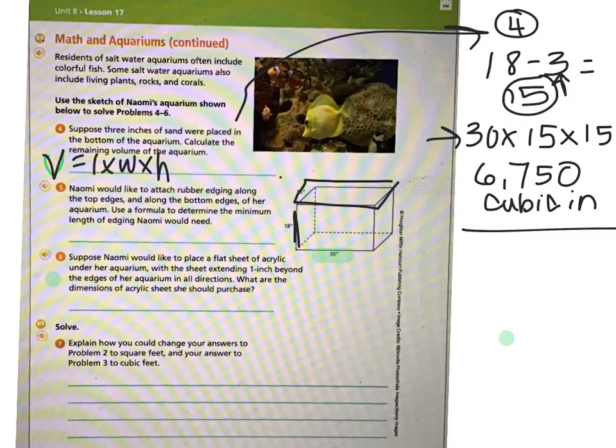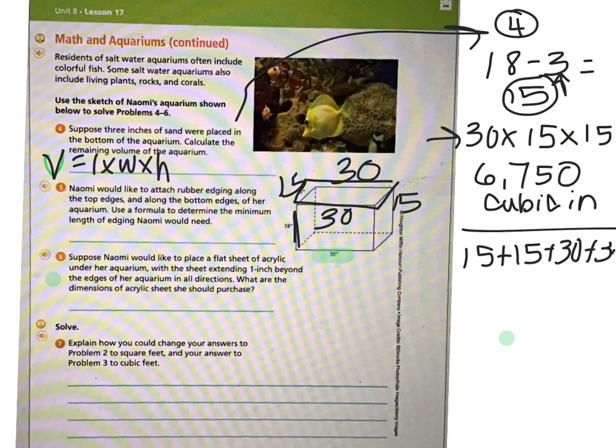So this side is 15, so this means this is 15, this is 30, and this is 30. So you have 15 plus 15 plus 30 plus 30, which would equal 30, 30, 15, 15 is 30 plus 30, that's 90 so far.